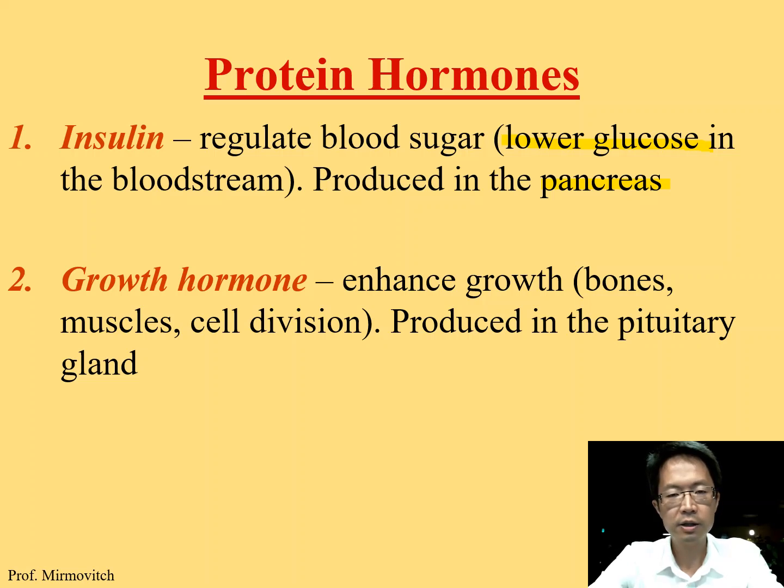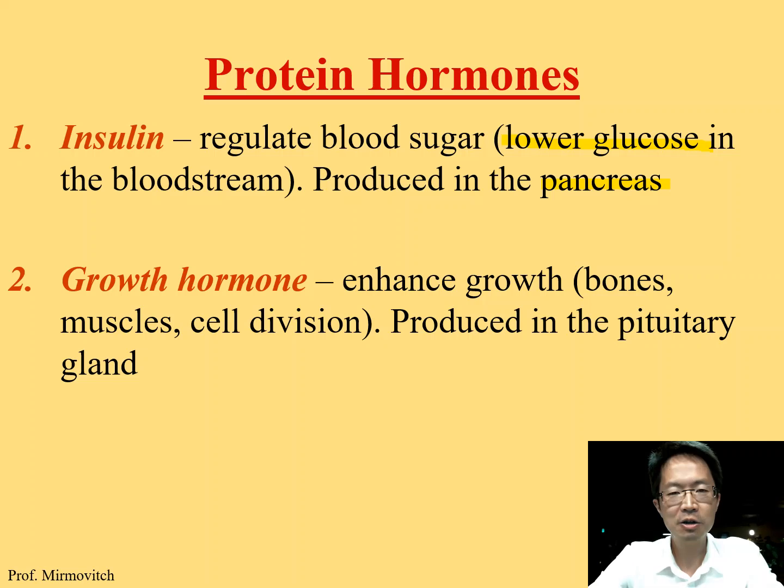Where is the location of the protein hormone receptor? I'll give you 5 seconds to think about this. Okay, time's up. Yes, you can find the protein hormone receptor on the cell membrane surface.